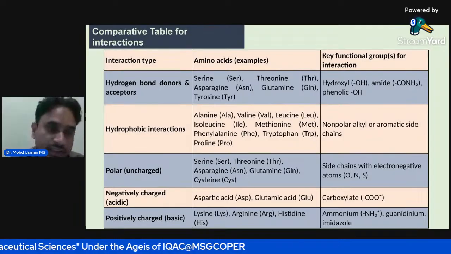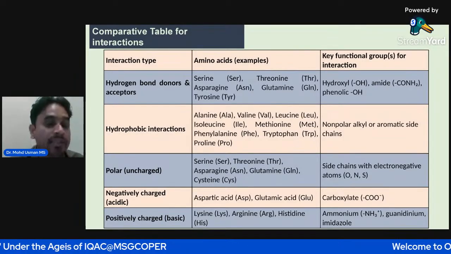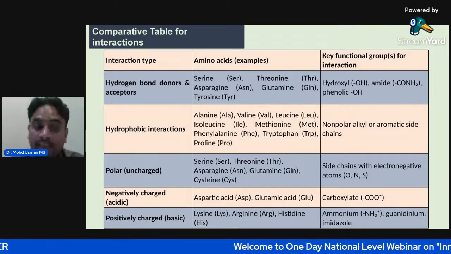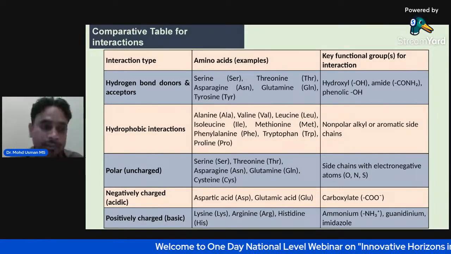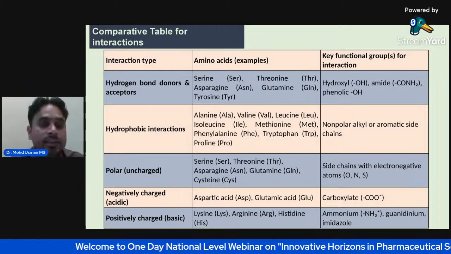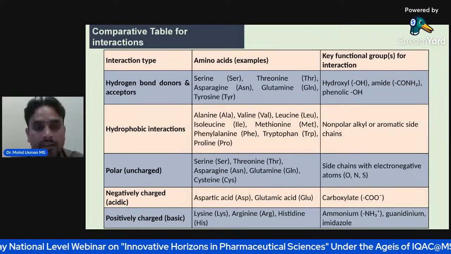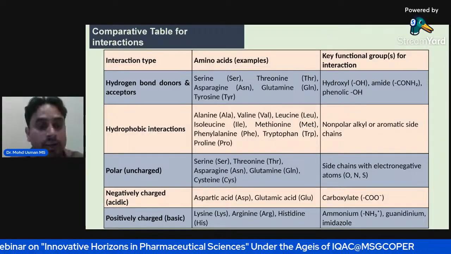These are the different groups present for either hydrogen bond donor or acceptor properties. If these amino acids are present at the active site, that place can act as either a hydrogen bond donor or acceptor.